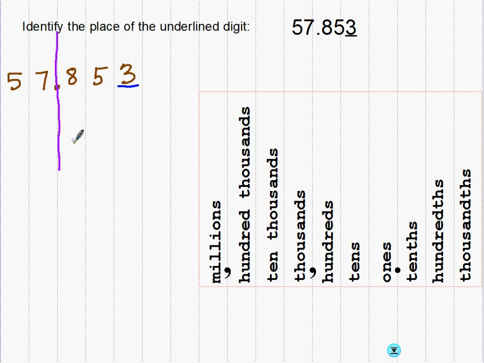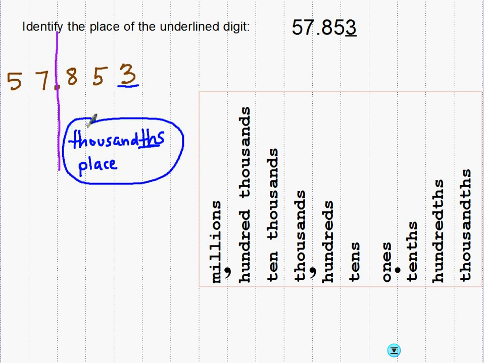So my 3 would be in the thousandths place. Again, very important that you include that TH. Without that TH, you'd be saying this is in the thousands place, which is actually 4 places on the left side of the decimal point over on the whole number amounts.